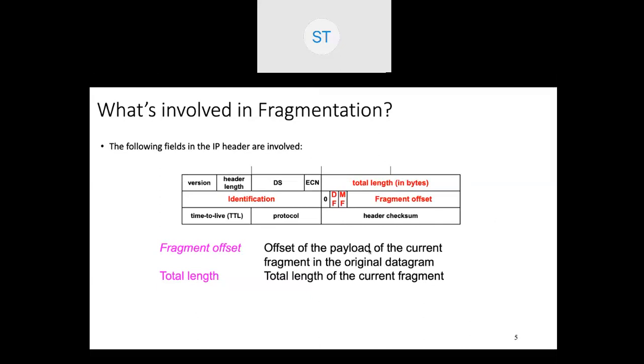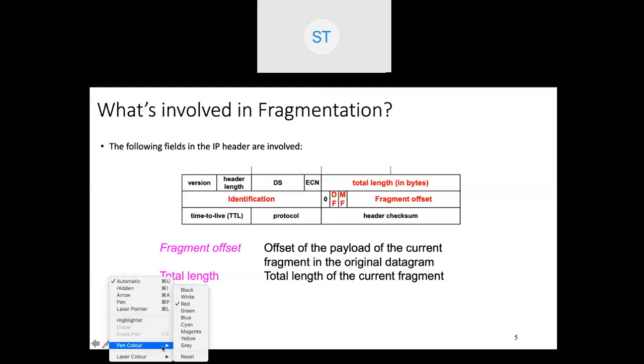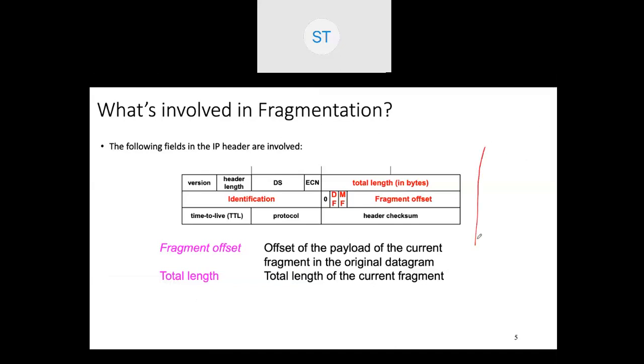So fragment offset is the offset of the payload of the current fragment. Suppose the original data is fragmented into several parts, say 3.